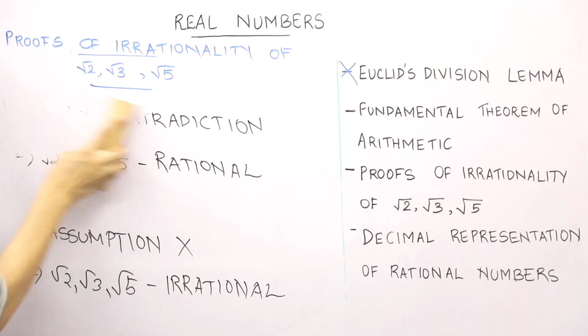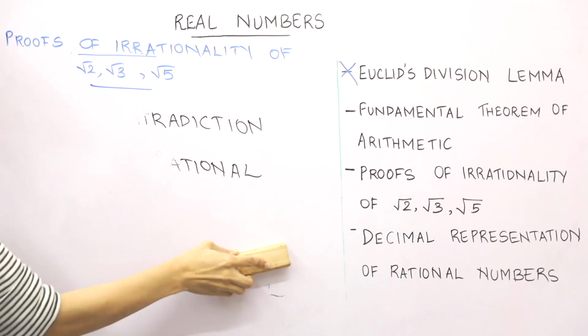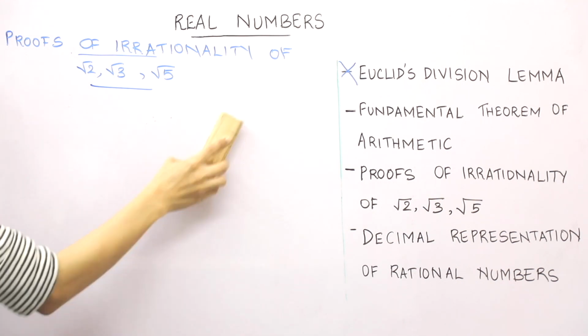In addition to proof by contradiction, there is one more theorem which is a prerequisite for this proof.